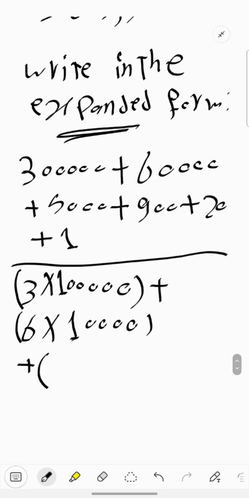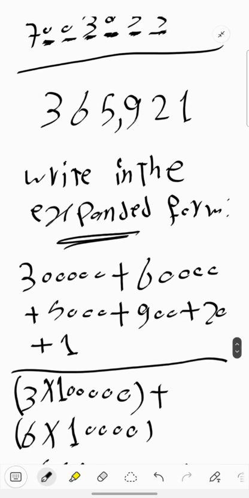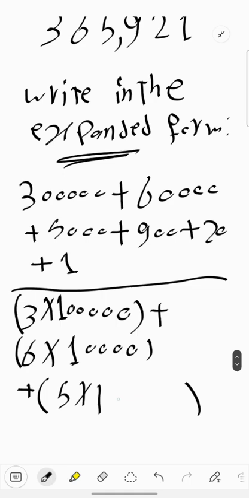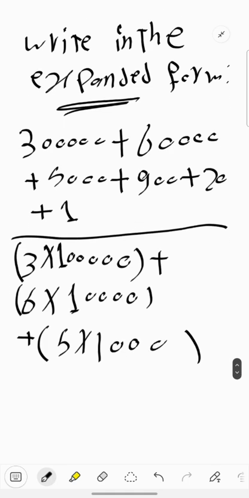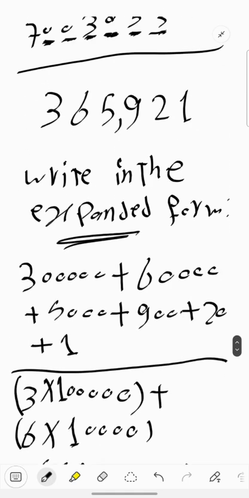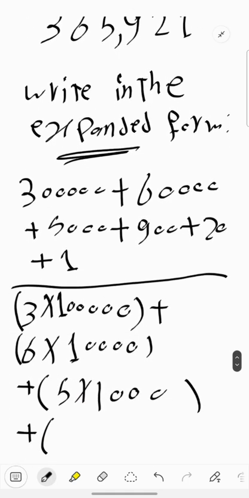Plus 5 times 1. How many zeros? Before 5, 1 2 3. Again, plus 9. How many zeros? 1, 2. But before you put the zeros, put times 1.